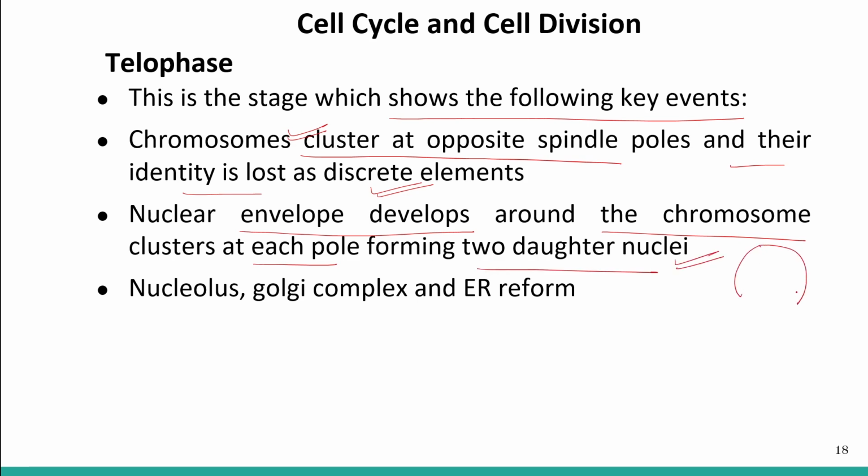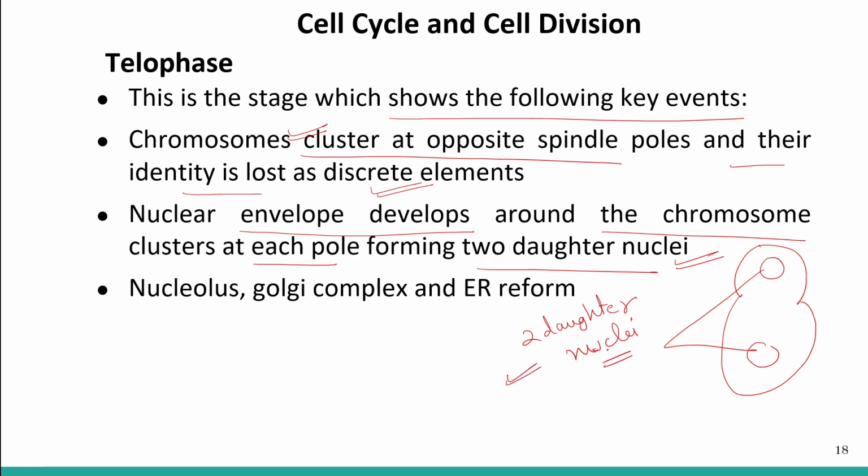So the one individual cell has two poles, and at each pole a daughter nucleus forms, right? So at this stage, these two daughter nuclei are formed. Nucleolus, Golgi complex, and ER reform. Okay, so these organelles can be seen again in the cell now.